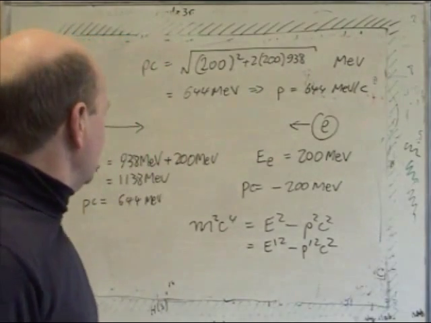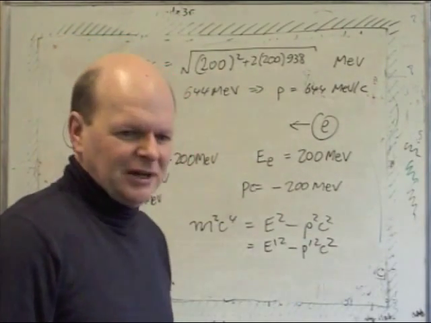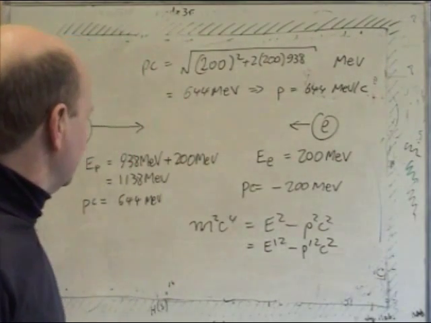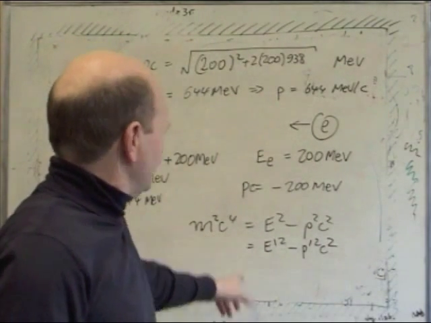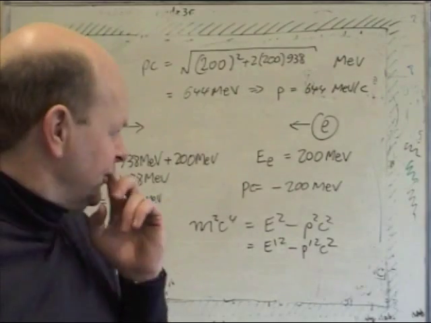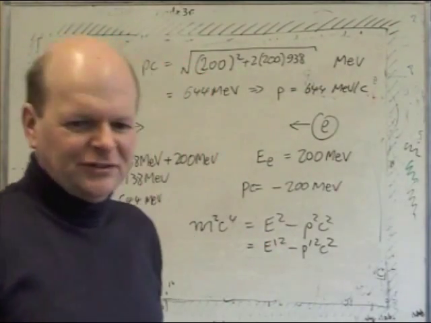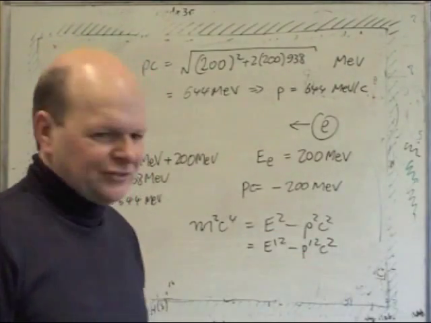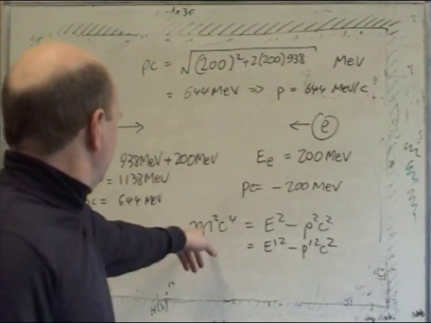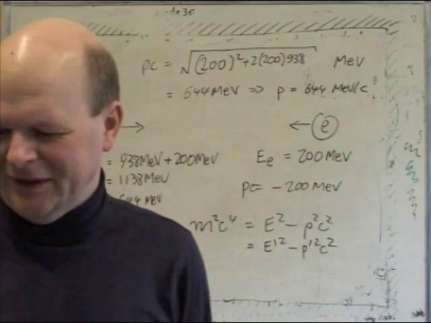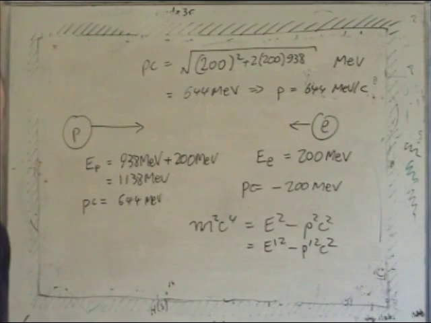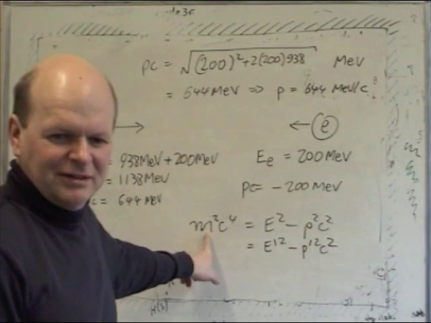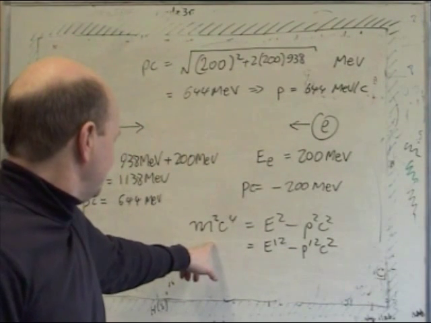But the combination of E squared minus P squared C squared being frame independent and being conserved means that we can equate m squared c to the fourth after the collision to E squared minus P squared C squared before the collision, but we can evaluate E squared minus P squared C squared in the lab frame and m squared c to the fourth in the centre of mass frame. Now in the centre of mass frame, the particle that's made out of this collision is produced at rest, so this m is the mass of the produced particle.